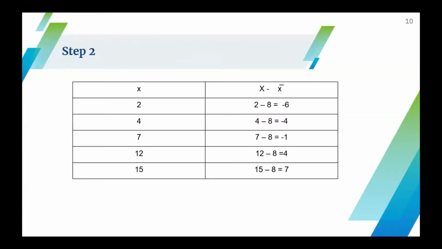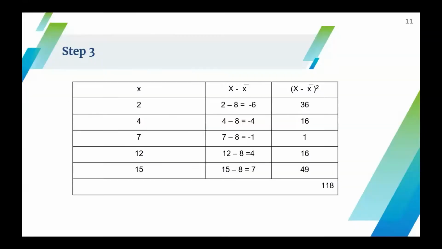For each number, calculate the deviation between the number and the mean. Thus, we see in this table the summary of the said step. Step 3. Calculate the square of each deviation in step 2 and find the sum of these squared deviations. Notice that the sum of the squared deviations is 118.